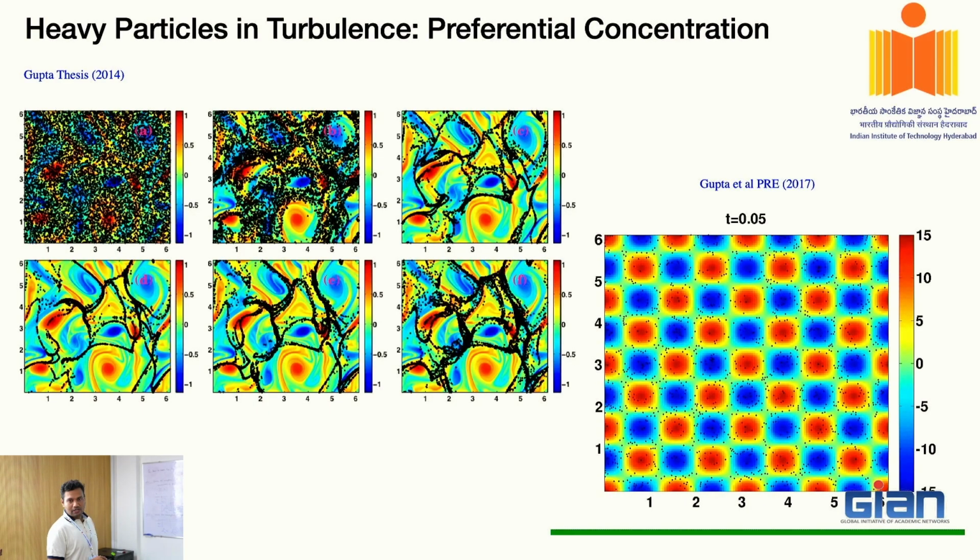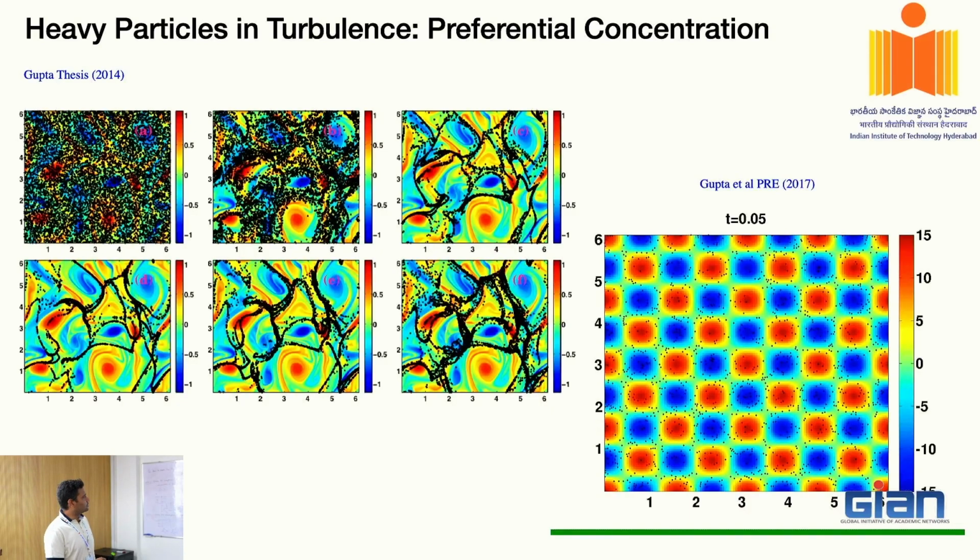So in the background I have plotted vorticity. You can see that these particles are getting repelled from the vortical regions, exactly the same thing I was saying here in this plot. If there are these two counter-rotating vortices, the particles will get out of them and then try to get accumulated in these regions. So when your Stokes time is small, which means the density difference is weak, you don't feel the effect of the flow.